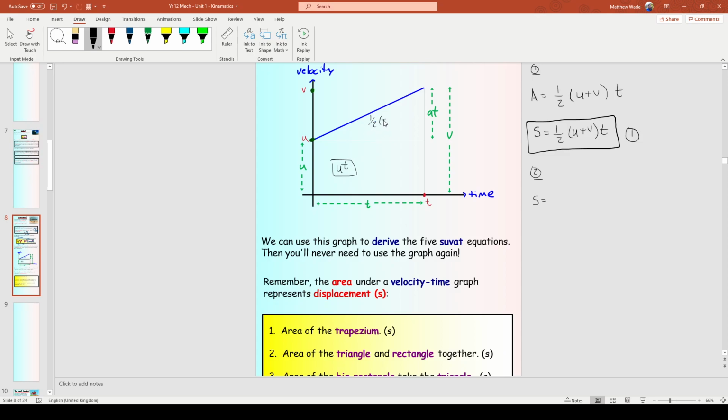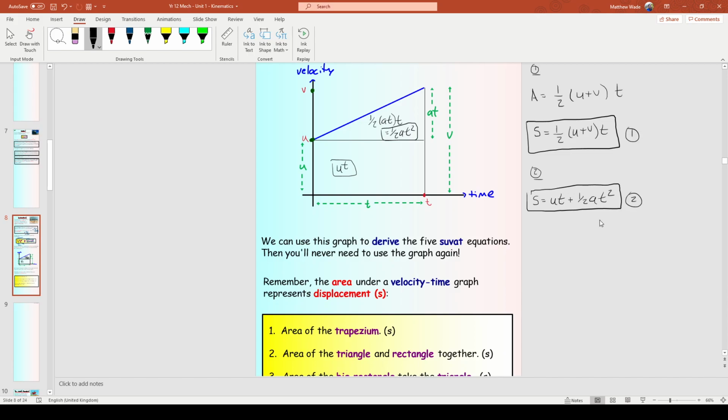Now the height is AT and the base is T, so this is a half AT squared for that triangle. So our formula is going to be S equals UT plus 1/2 AT squared. Boom! You've just derived a second formula.